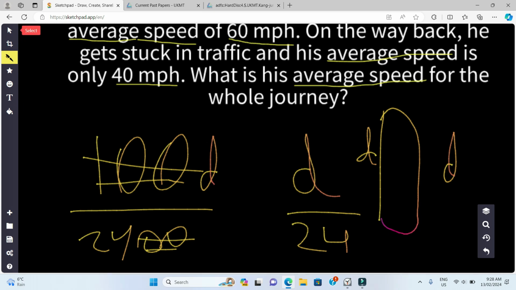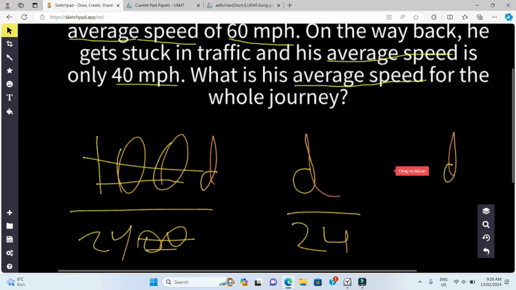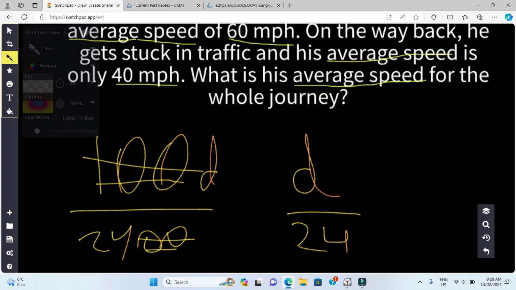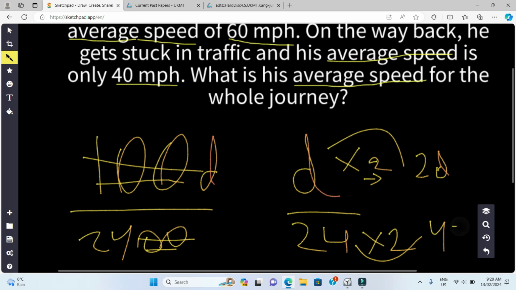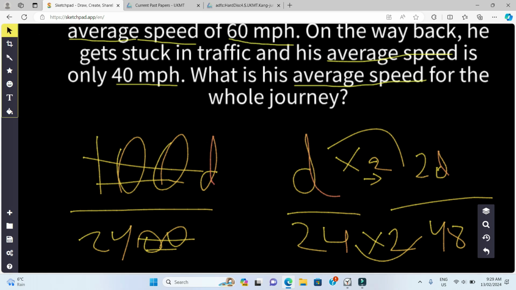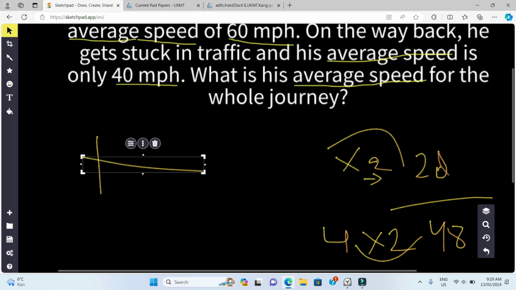That tells us that we need to get a 2D. So I'm doing times it by 2, times it by 2. It is 48. And we need it for 2 distances. And MPH is 48 guys. It's not 50 mph. I know it's confusing. But guys, this is our answer.